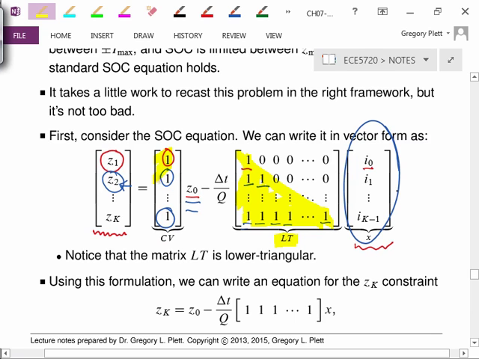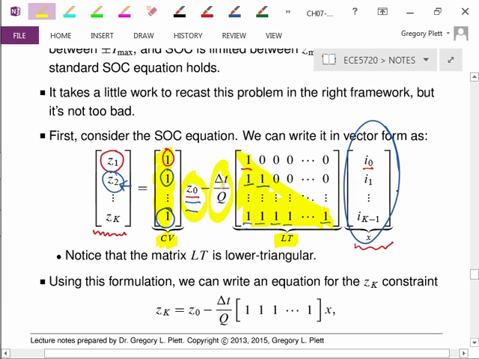This here is a vector full of 1s, a column vector, so I'm calling it CV for column vector of 1s. And everything else are numbers supplied to the problem. Z0 is a known number, and delta t over q is known: the sample period is known, and the capacity of this cell is known.